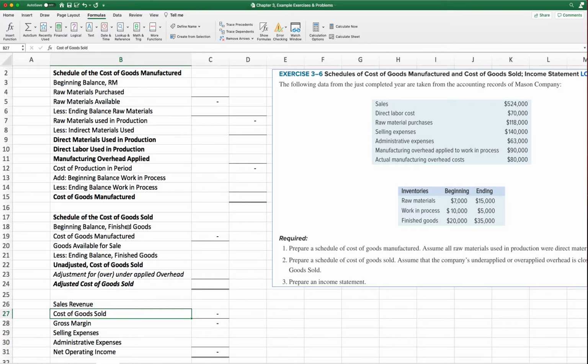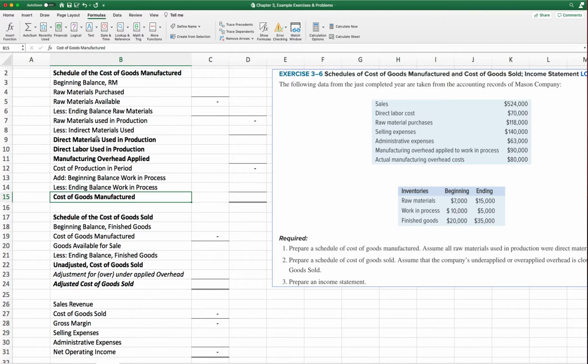To get cost of goods sold, I need to know my cost of goods manufactured. Now, cost of goods manufactured is dealing with work in process, and because work in process consists of direct materials, direct labor, and manufacturing overhead, it's also consisting of our raw materials account.